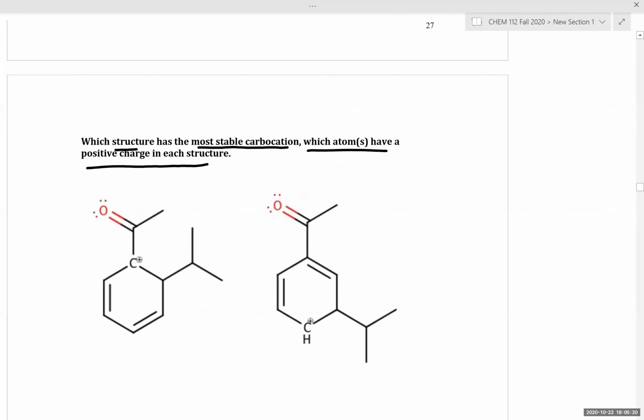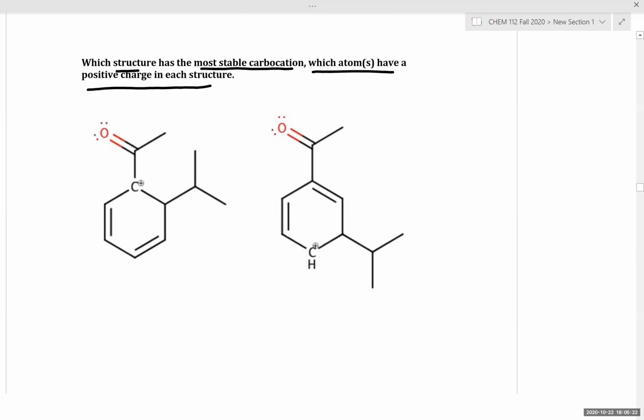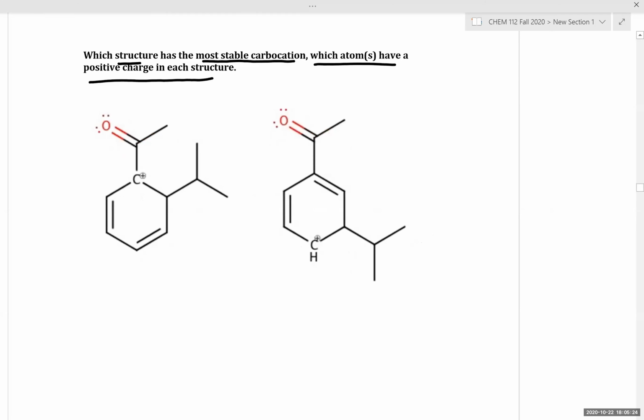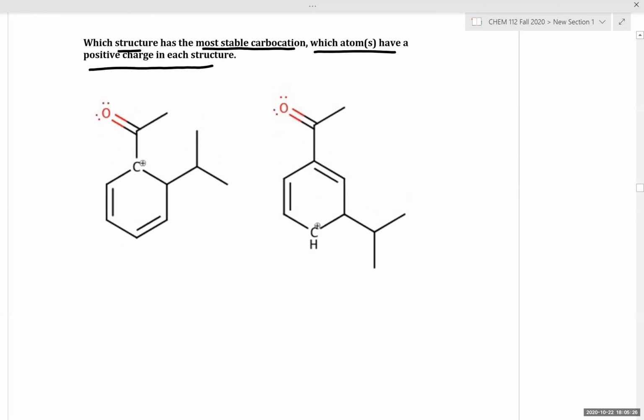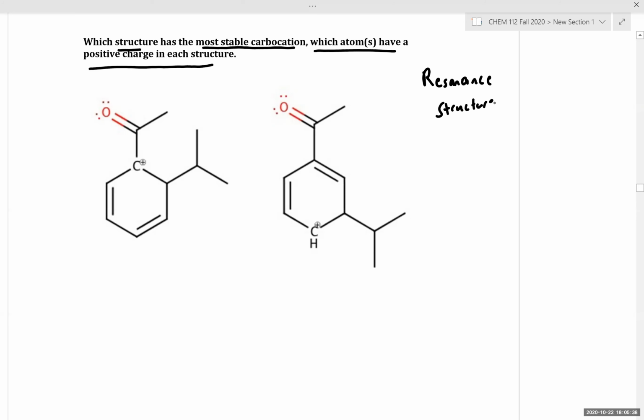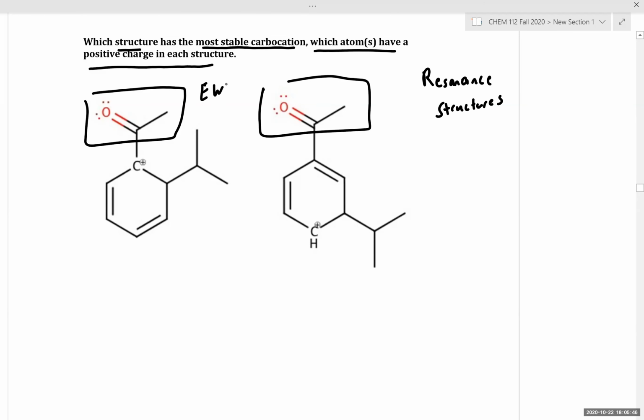I'm going to give you a little bit of space for this, so that you can draw on your class whiteboard, because I'd really like you to consider the resonance structures. Where is our cation located in each of our resonance structures, and how is our cation stabilized or destabilized by this electron withdrawing group?